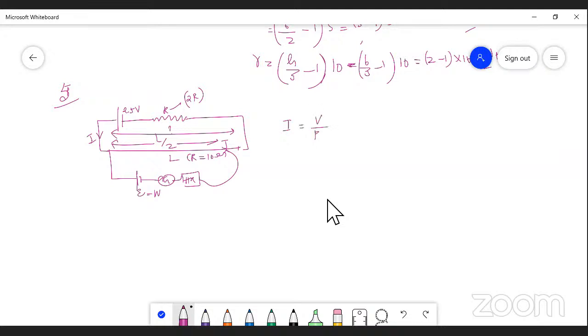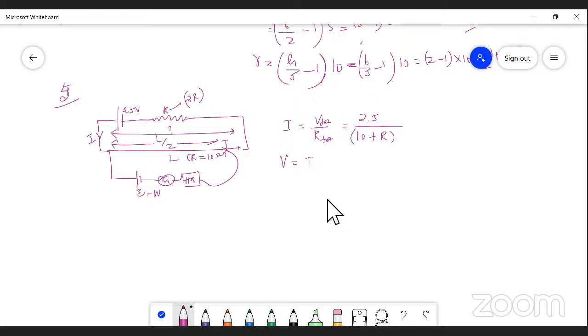I equals V divided by R total. V total is 2.5 volts. R total is 10 ohm plus the resistance, which initially is unknown, capital R. So I is 2.5 by 10 plus R. This is the current. Then what is the potential difference across the potentiometer wire?